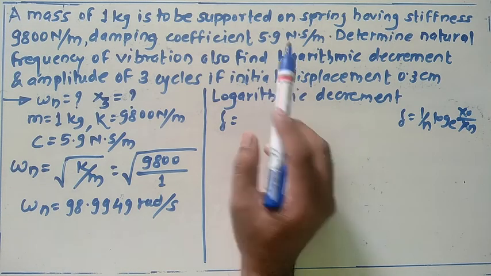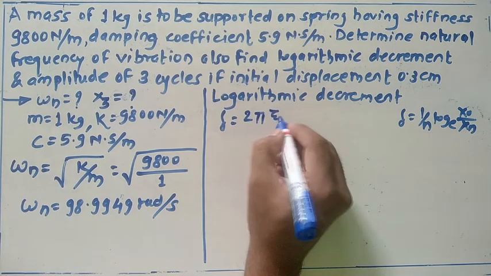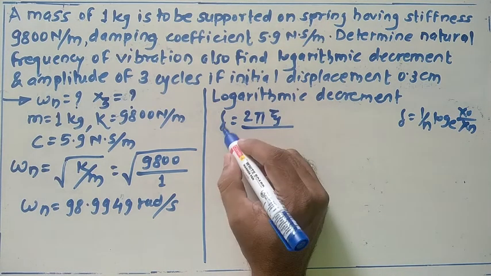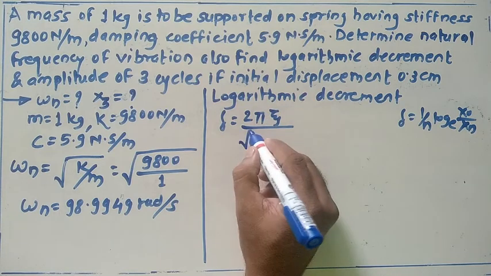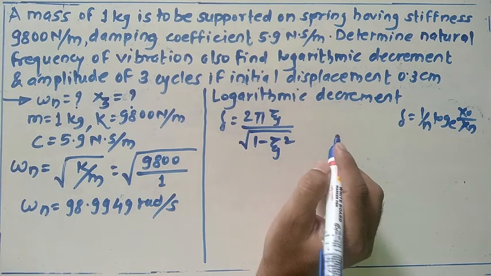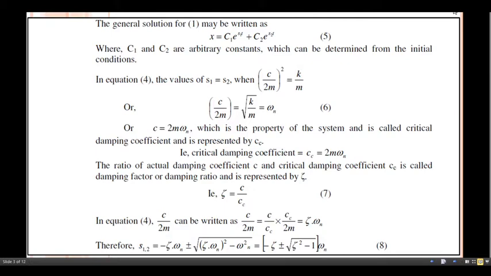So indirectly, you have to take the relation between delta and zeta into consideration. Delta equals 2 pi times zeta divided by square root of 1 minus zeta square.